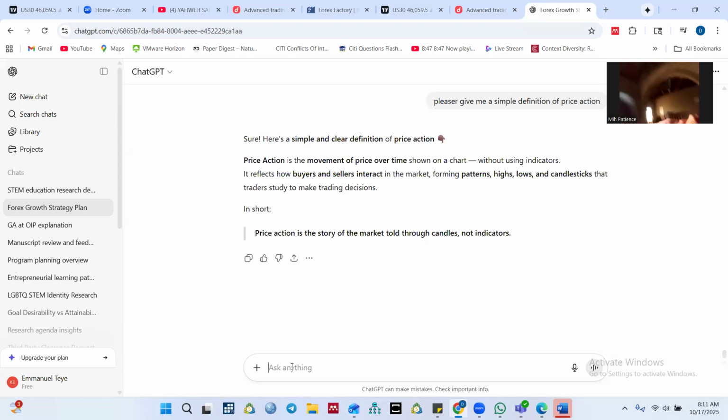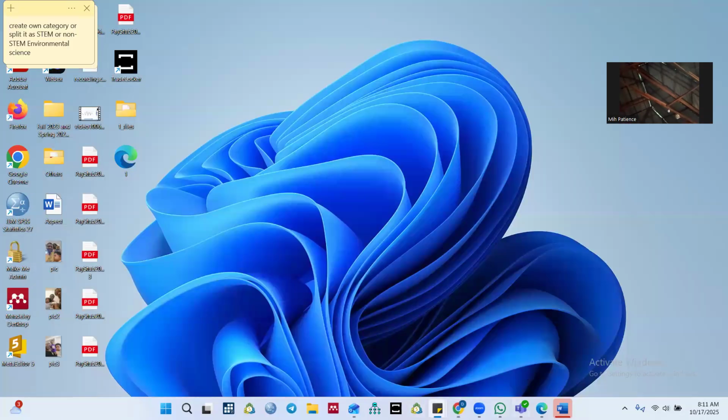Price action is the pattern of price: how price makes highs and lows, and the way that the candlesticks open, close, and the way the candlesticks look on the market or on any chart that you see.